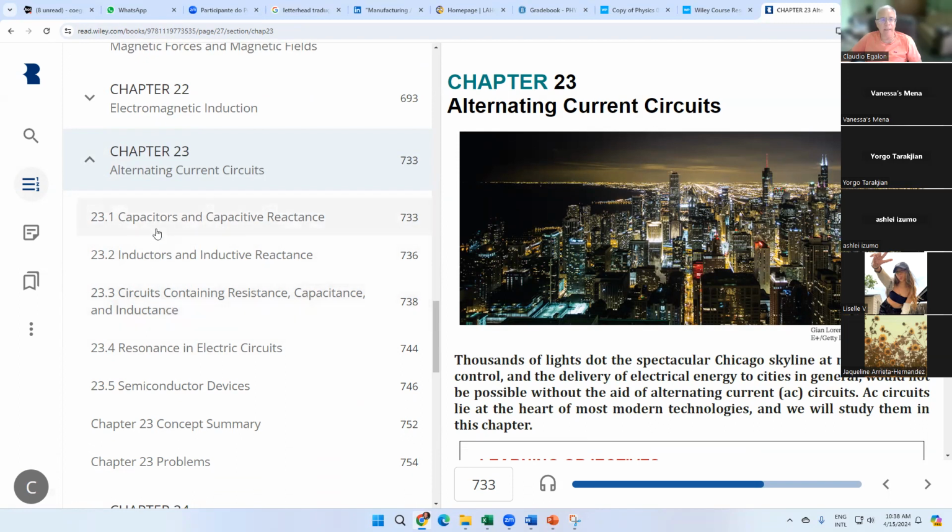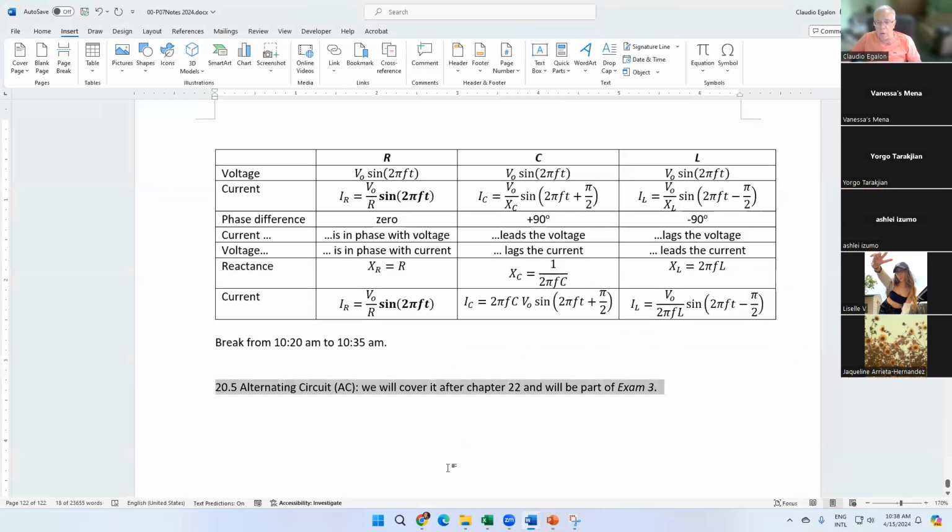Okay, so we already did 23.1 and 2. We have to do 23.3. And there is also a straightforward way of treating that. I'm not planning to cover those other two sections. So let's go ahead and go back here.